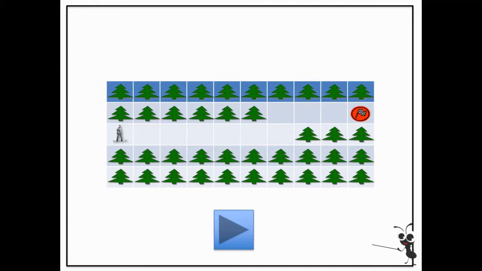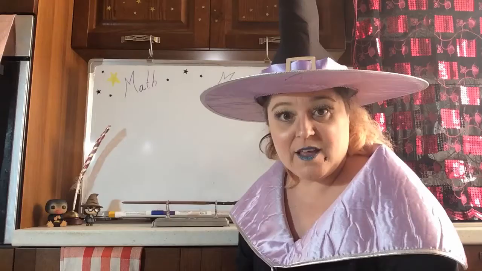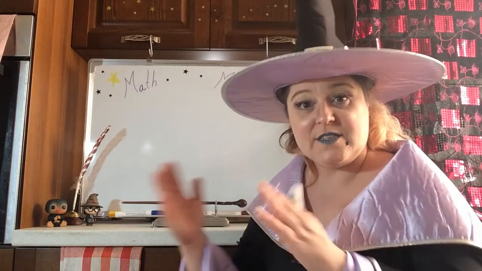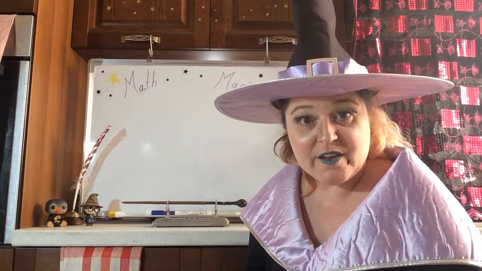Write a program on your whiteboard for this snowboarder to reach the finish line. Don't forget to include the right angle turns and remember to say how many squares you want him to travel each time. Keep in mind that forwards and turns always follow each other.